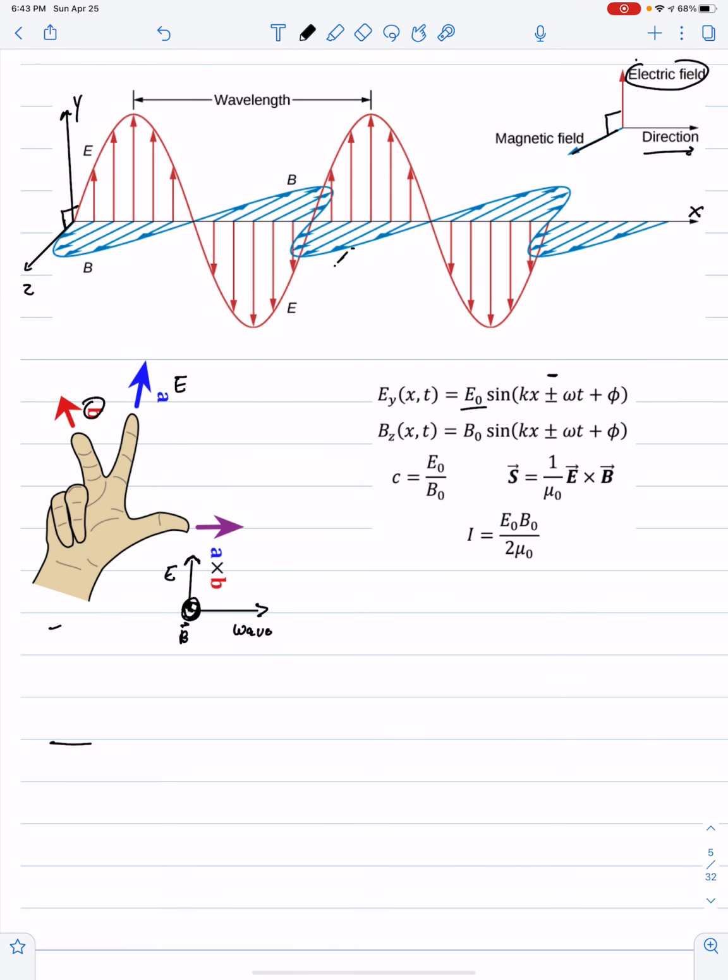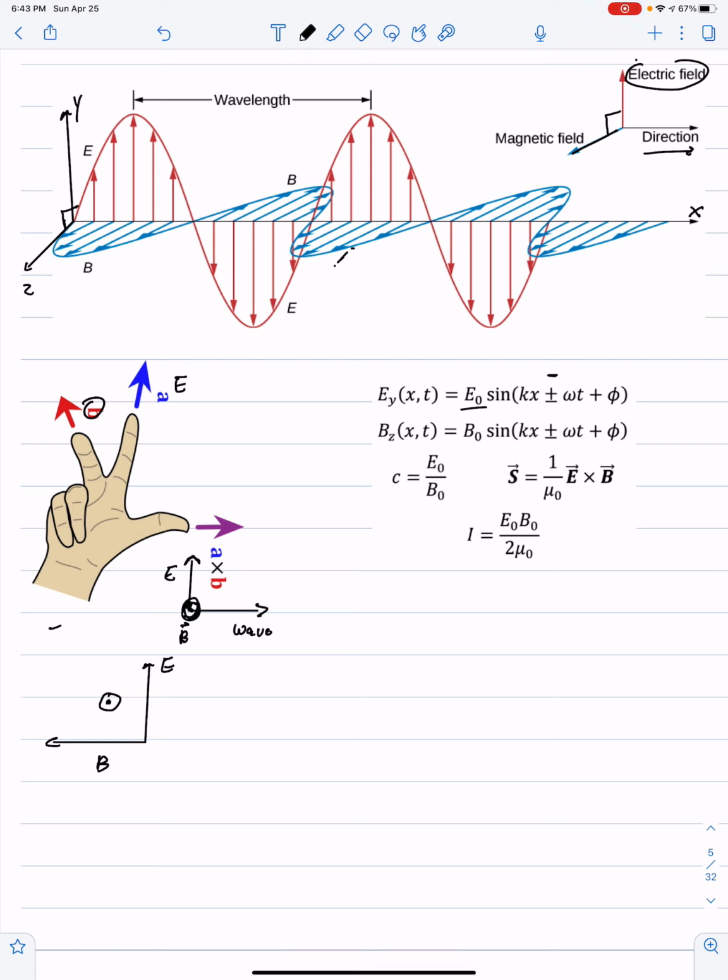Let's say that the magnetic field is going in this direction, so make sure that you put your middle finger pointing in that direction, your index finger pointing upwards, or up the page, and then where is your thumb pointing at? If you have your index finger pointing up the page and your magnetic field pointing to the left of the page, your thumb should be pointing out of the page.